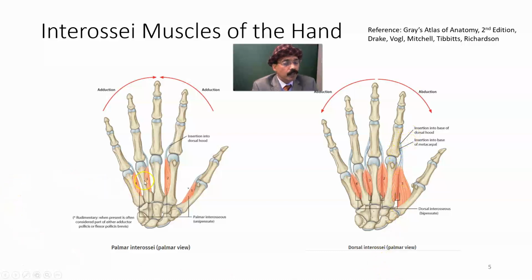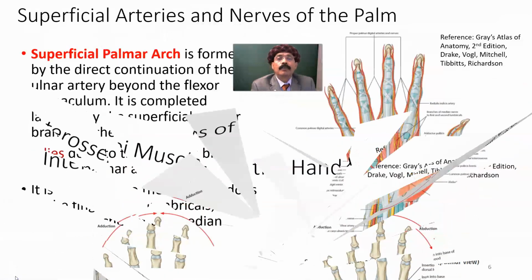Nerve supply of these muscles, palmar interossei and dorsal interossei, is from the ulnar nerve. If these are paralyzed, then we'll develop claw hand. If the ulnar nerve supplying the interossei is lost, then we will develop claw hand. Claw, C-L-A-W, claw hand.